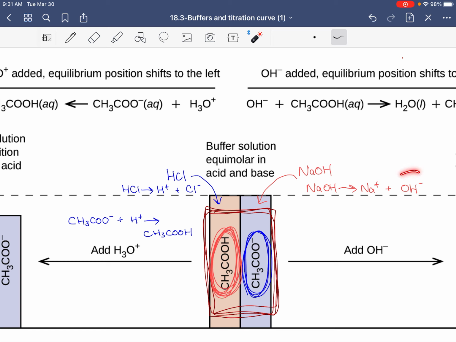I don't want you to be in this solution so you can raise my pH. That's not what I want you to do. Well, guess what? We're going to hook up and we're going to put a stop to that. Because HCH3COO can combine with OH minus to form, well, OH minus will pick up this H. Let me draw a little heart here. Okay? And make water.